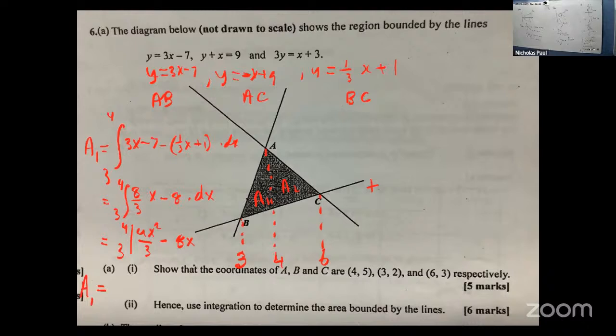It's AB minus BC. Right, and then, what is A1?